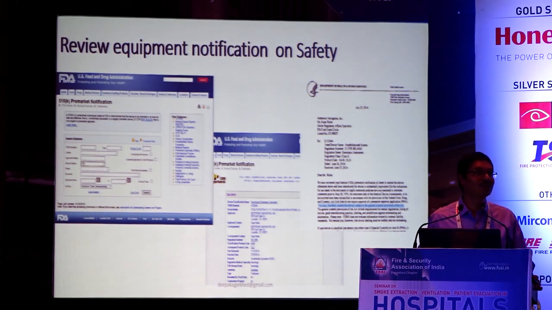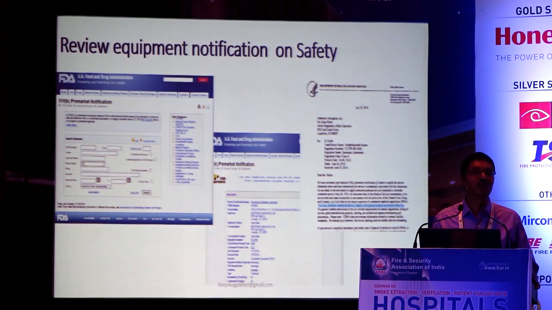They feel that if I tell, there is a possibility that my equipment may never be taken. So whether you are an accredited or non-accredited hospital, please check the FDA website, where you can see which equipment is recalled. It gives year-wise, equipment-wise information.